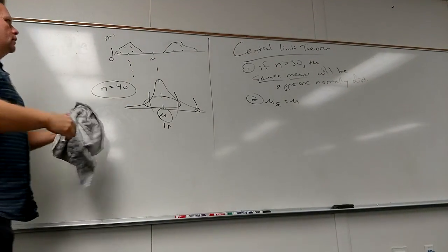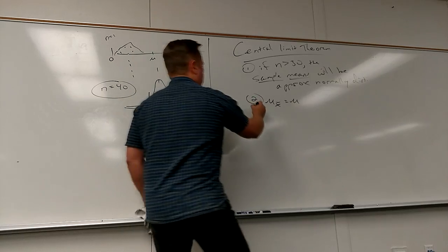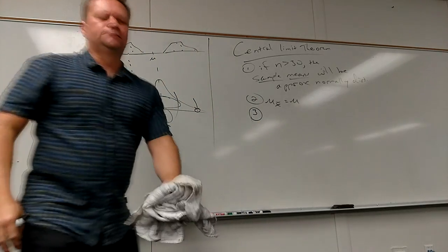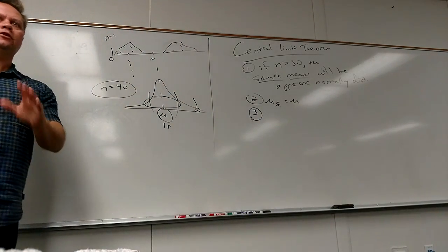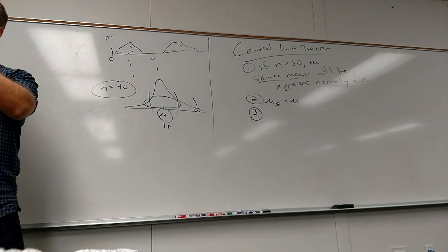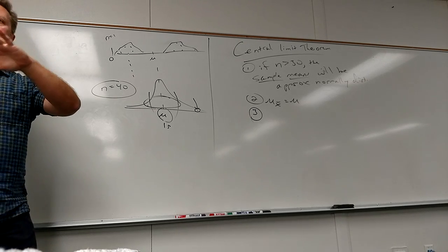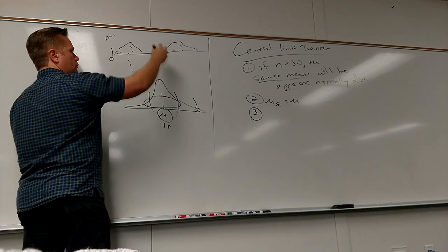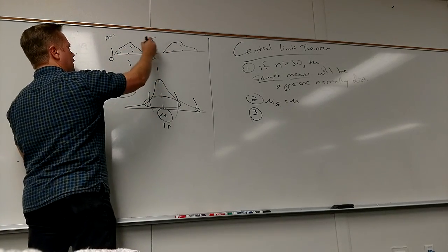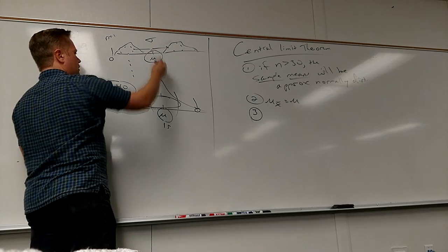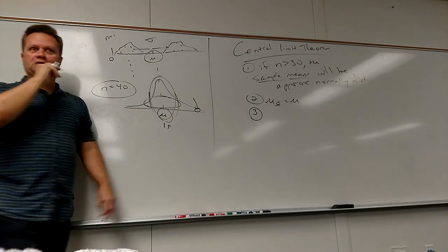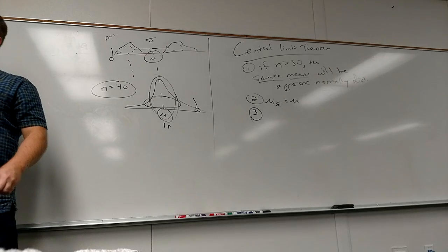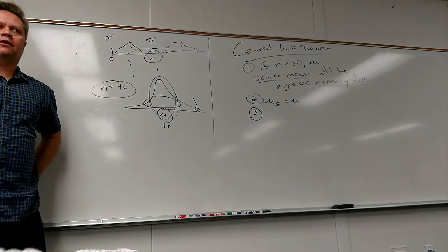Now, the third thing that's not as obvious, we can tell this is true on a surface level. What happened to the standard deviation? It got a lot smaller, because here, nobody's close to the mean. Here, almost everybody's close to the mean. And standard deviation is a measurement of how far away your data points get from the mean.